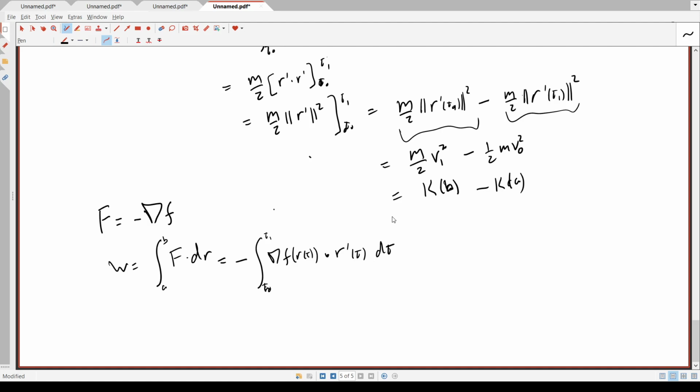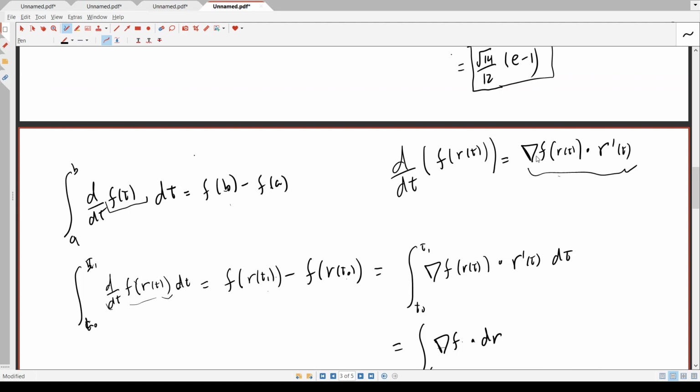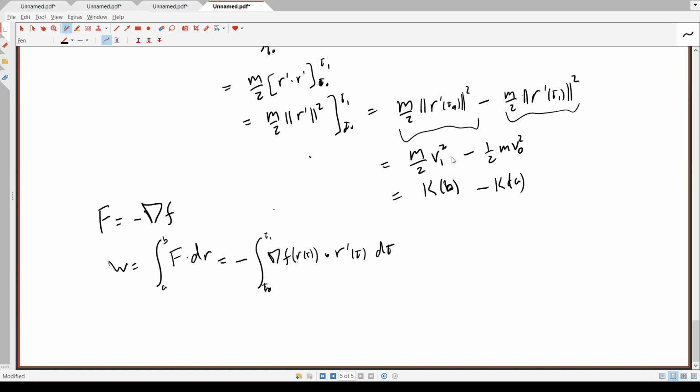Remember that the whole point of talking about this was that gradient of f dot r prime I can write as the derivative of f of r. So this I can write as the negative integral from t0 to t1 of d/dt of f of r of t dt. I'm sorry, I meant to call this function p, so I'm going to change that, because it makes more sense for this example.